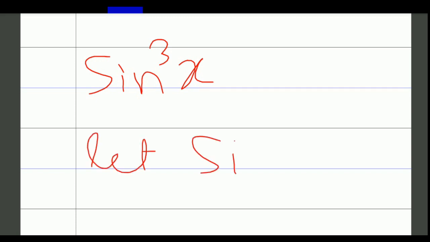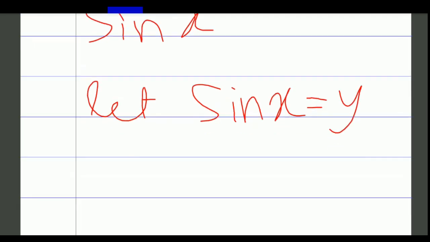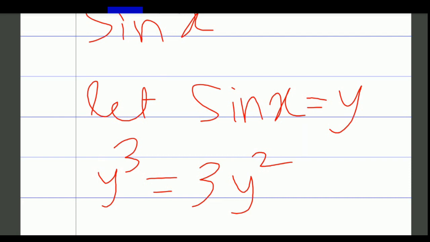We will consider this as equation number 1. Now we will solve sin cube x. First we let sin x equal to y, so it becomes y cube, whose derivative is 3y square.